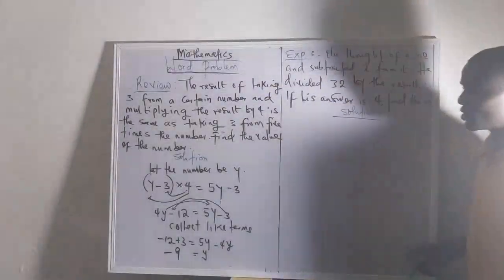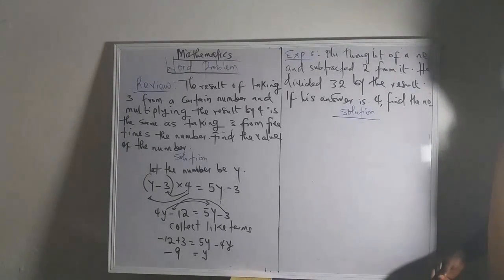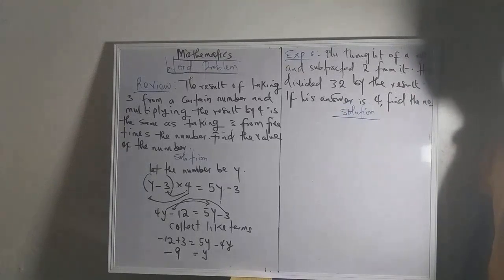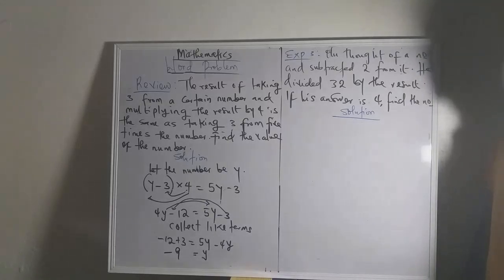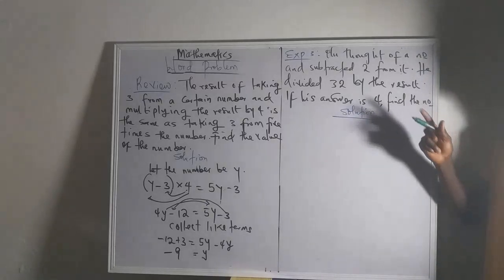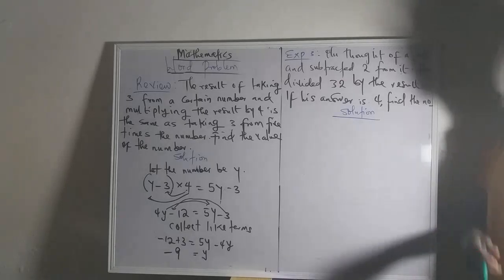Now let's go to this other case here. We have this question. It says Olu thought of a number and subtracted 2 from it. He divided 32 by the result. If his answer is 4, find the number.